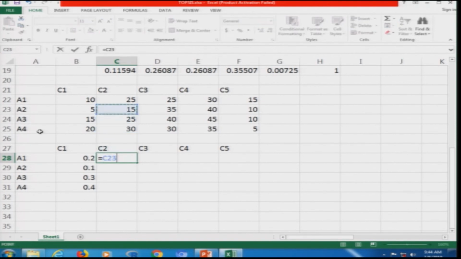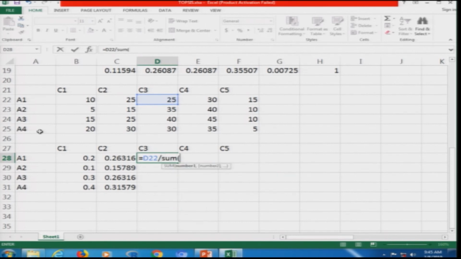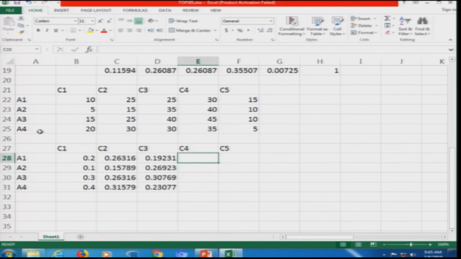So, this would be divided by the sum, with a dollar sign here, here, here, and here. Done. Now this will be 25 divided by the sum, so I put a dollar sign to fix it. Copy, done.